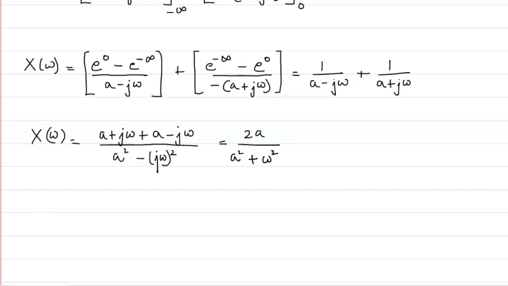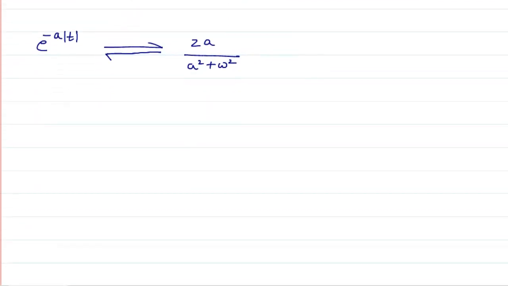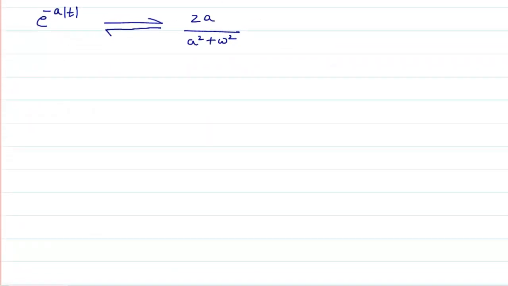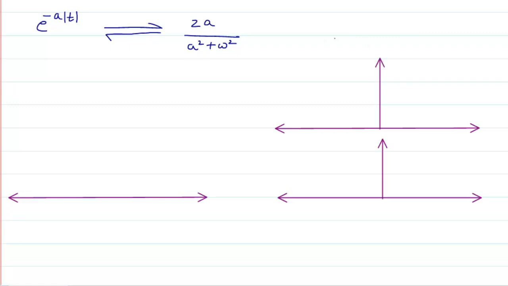Therefore, the Fourier transform of e raised to power minus a magnitude of t will be 2a divided by a square plus omega square. Next, let us plot this.